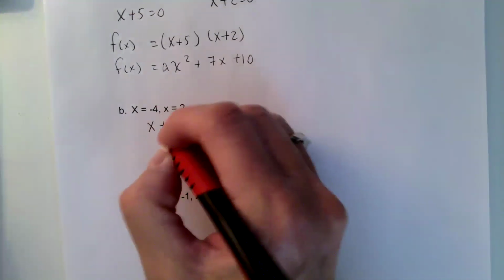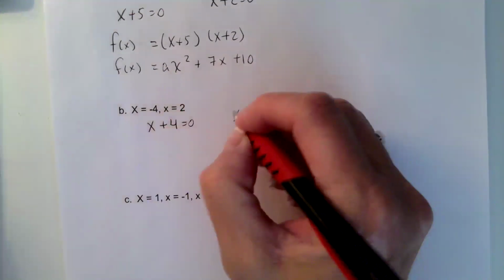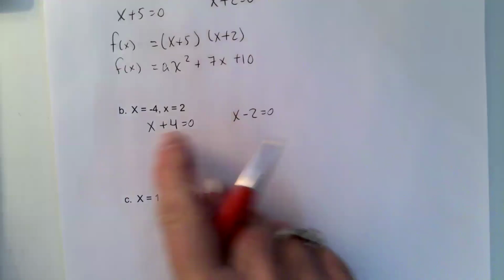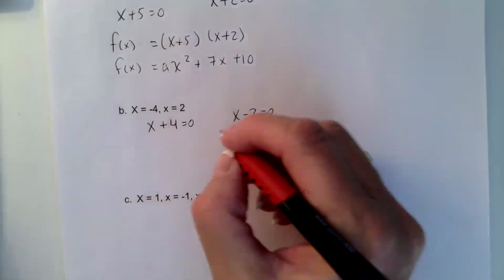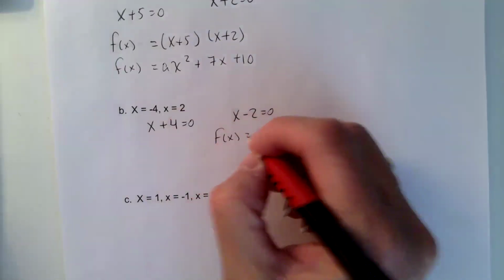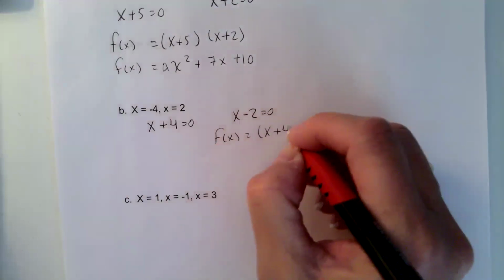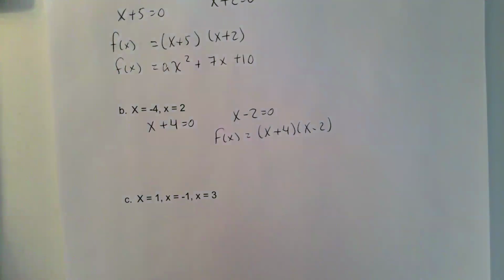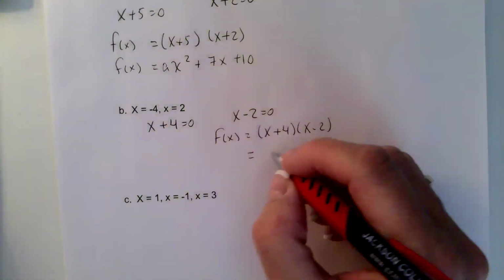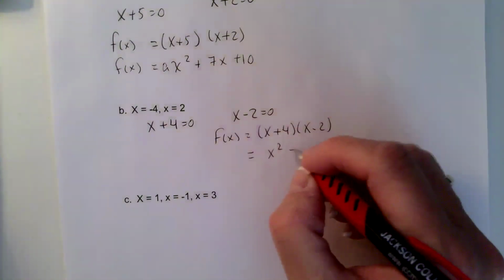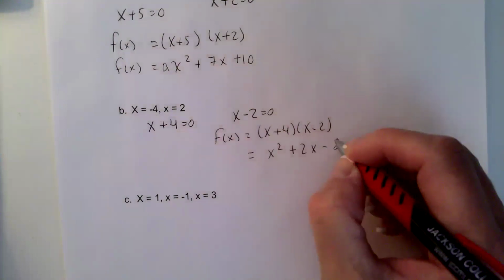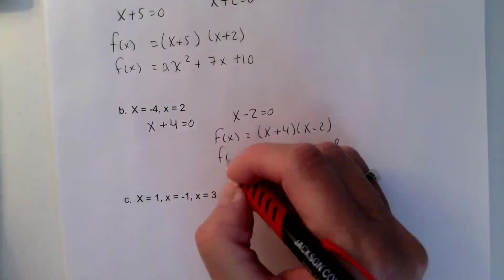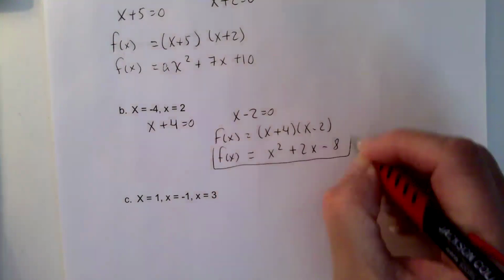Adding 4 to both sides and subtracting 2 from both sides, we would get these two factors of x plus 4 and x minus 2. And then when we multiply them together, we have x squared plus 2x minus 8 as our possible quadratic.